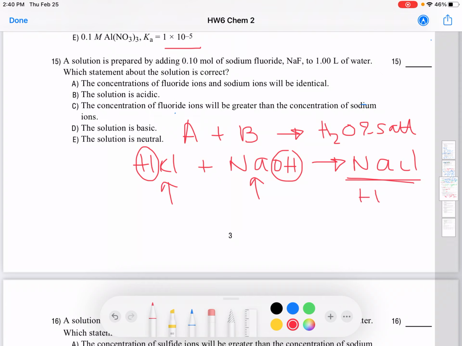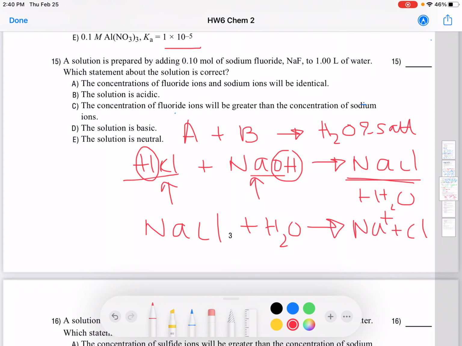Since both came from strong ones, when you put sodium chloride into water, it completely dissociates into sodium ions and chloride ions. Since it's a one-way reaction, it's not going to go back and, for example, make sodium ion react with water.